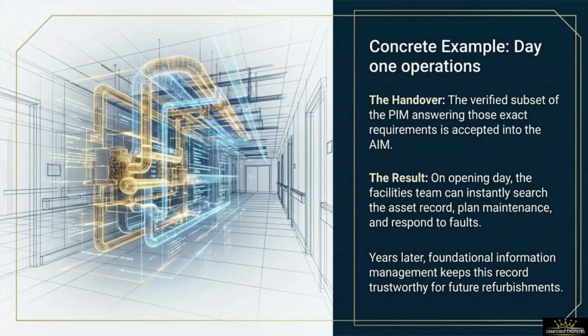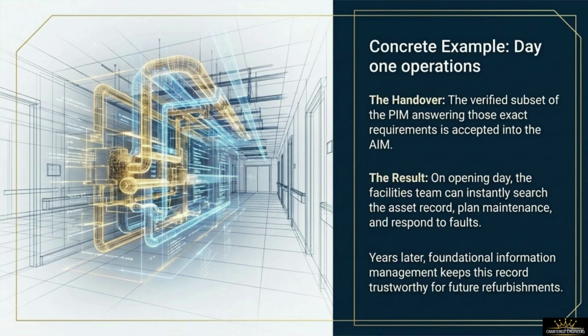Let's fast forward to the completion of our hospital project and look at how this rigorous planning transforms day one operations. At the handover milestone, the owner does not accept a raw, unverified data dump. Instead, a carefully verified subset of the project information model that directly answers those original AIR requirements is accepted cleanly into the asset information model.